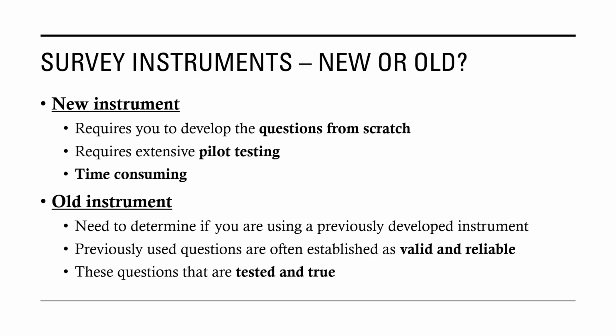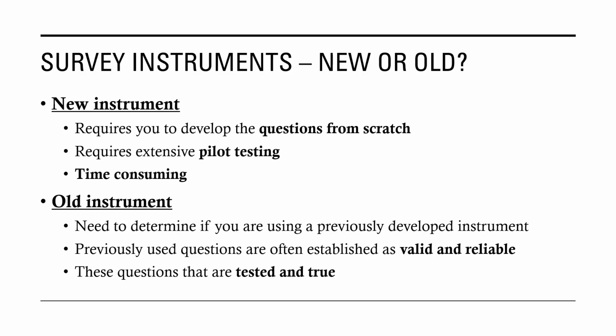But one of the benefits of that approach is that you can design questions that fit your variables and your research subjects specifically. With an older instrument or an existing research instrument, first off, you have to determine if there's an instrument out there that matches the variables you are trying to collect data about.